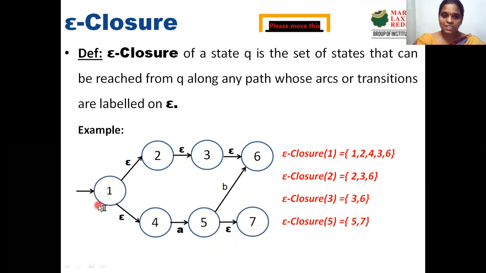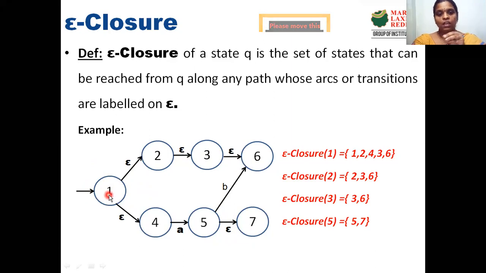So if we consider the starting state, when converting this epsilon NFA into a DFA, our DFA can either start from state 1, or from state 2, or from state 4, or from state 3, or from state 6.